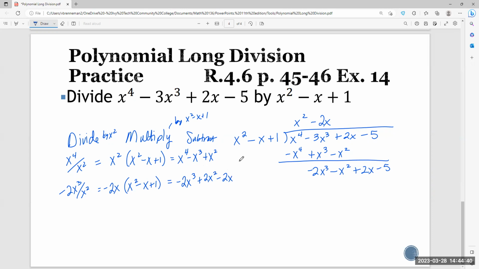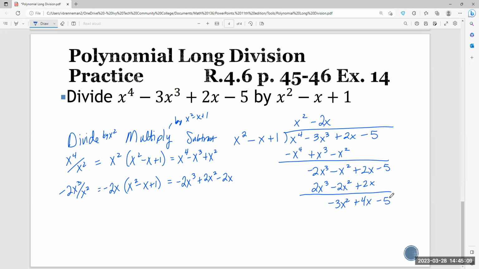But again, I'm subtracting this, so I'm going to switch signs on all of these. So it becomes 2x cubed minus 2x squared plus 2x. So that is negative 3x squared plus 4x minus 5.